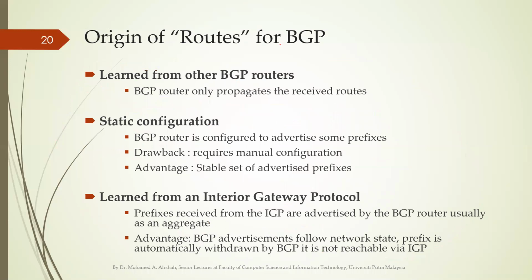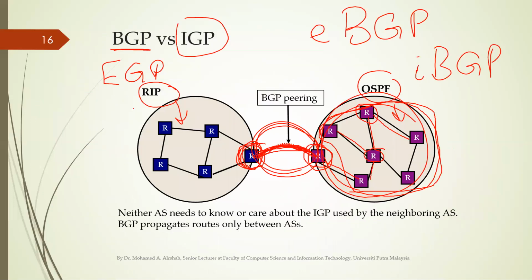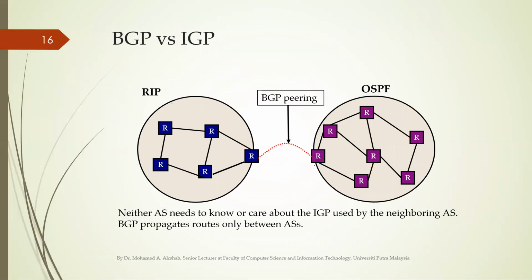Origin of routes for BGP. For BGP, actually, we have many types of origins. So let us go back to the slide here. Let me clean first. So suppose that this one is BGP and this one is another BGP speaker.